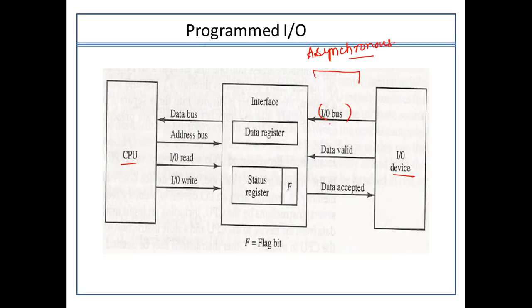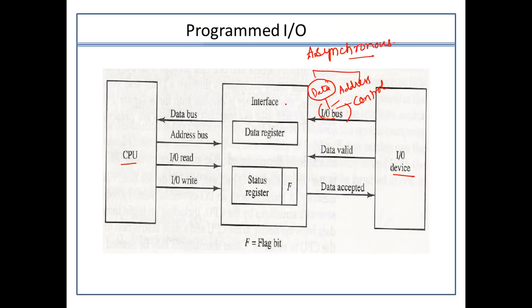Now in this IO bus, as we have already learned when I was explaining the interfaces, the IO bus is responsible for carrying the data, the addresses, and the control commands. Whatever data I want from the memory would be taken on this IO bus only.